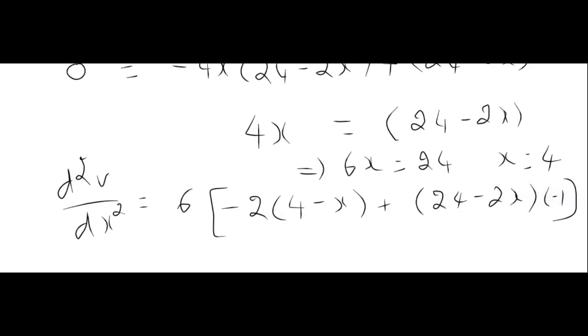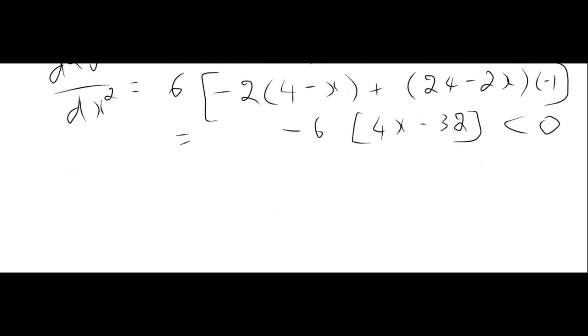Now we can see that this is equal to 6 into 4x minus 32. We can take the negative symbol outside, so we get minus 6 into 4x minus 32. Obviously, this is lesser than 0. So the given value is now going to be a maximum. Volume is going to be a maximum at x is equal to 4.